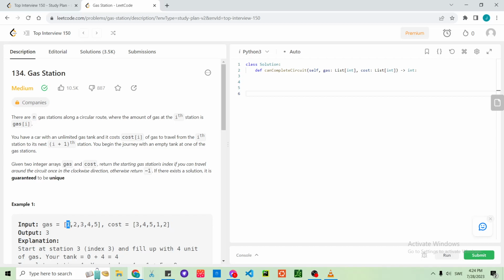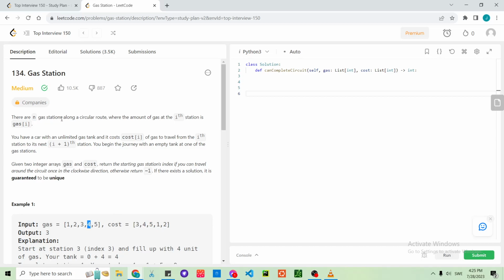And now we are getting 1, we have 7, we spend 3, we have 4 left. We get 2, we have 6. We spend 4, we have even 2 left. And then 2 plus 3, we have 5, and we spend all 5 to go around.